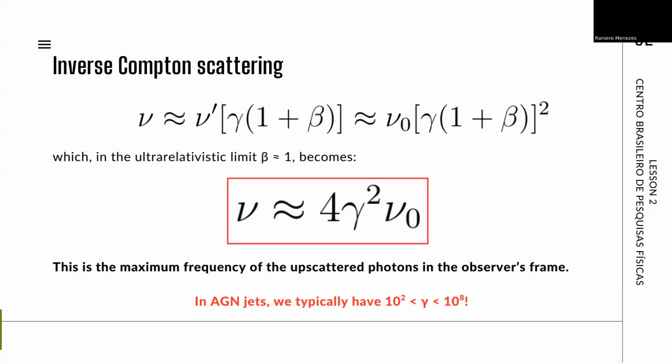You can imagine that in the jet of an AGN, I have a cloud of relativistic electrons, but this cloud is moving along the jet. So if the photon interacts with a relativistic electron in the cloud, it will receive the squared boost of the electron in the cloud and the boost from the jet. It's more complicated, but I can show you in the next lesson.